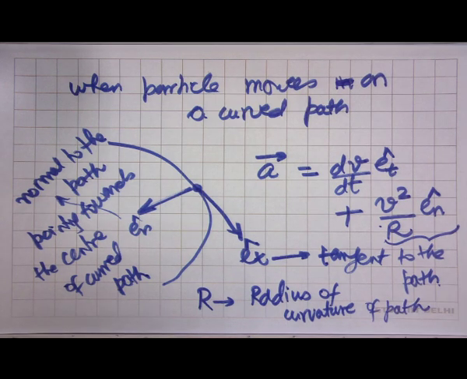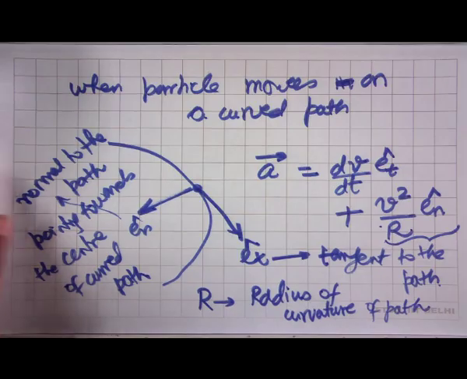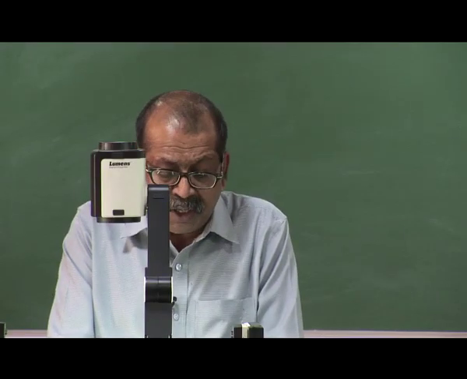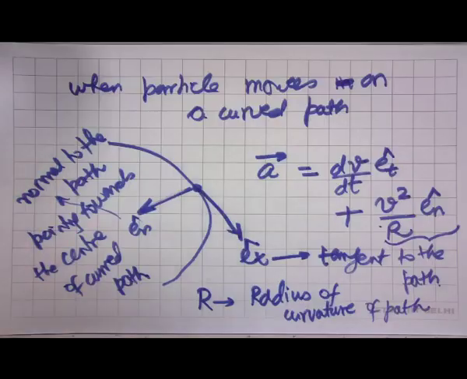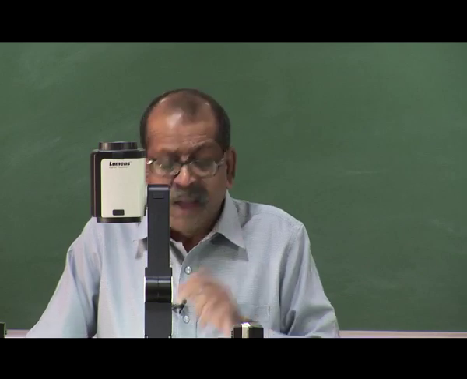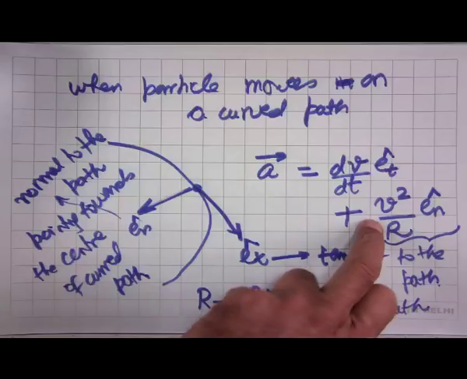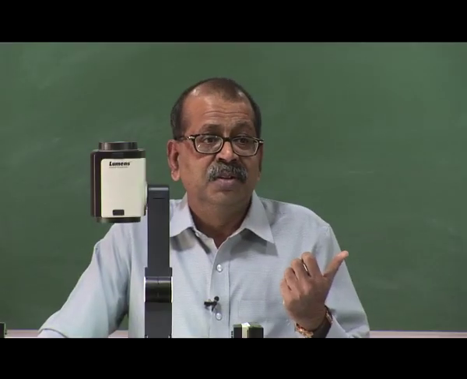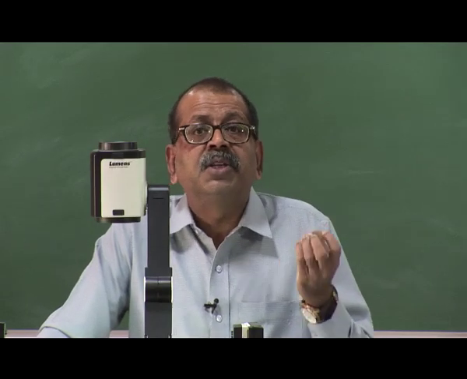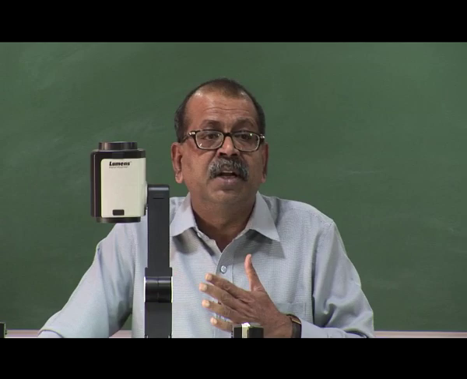Now, we will look at this in a special case when the particle is moving along a circular path. But before that, what we realize is that even if the speed is constant, there is a component of acceleration v square upon r which is non-zero. This component did not exist when the particle was moving in a straight line.